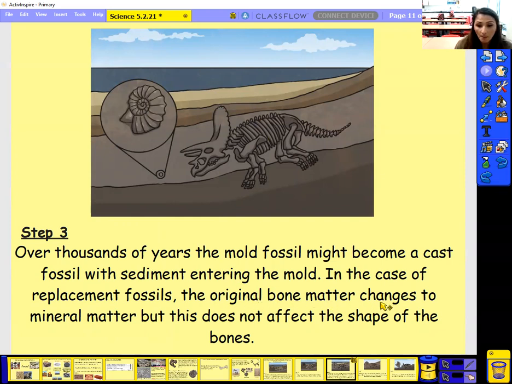So the original bone matter changes into a mineral matter. So basically a mineral is like a type of rock. But this does not affect the shape of the bones, which is why we can see some of the shapes of the fossils of the dinosaurs, okay? So what's happened is that the bones have slowly turned into a bit like rock, okay? And this is how fossils begin to form.